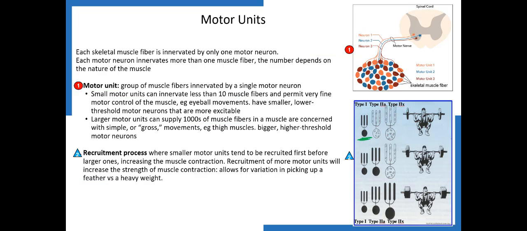When this person puts in a second disc, it recruits the small motor unit as well as the middle-sized motor unit. You put in 3 of these discs on each side, then you recruit the smaller, the medium, as well as the larger motor units, right? So you recruit the smaller one first, and then when you need more help, you recruit a bigger one. When you need more help, you recruit an even bigger one, right?